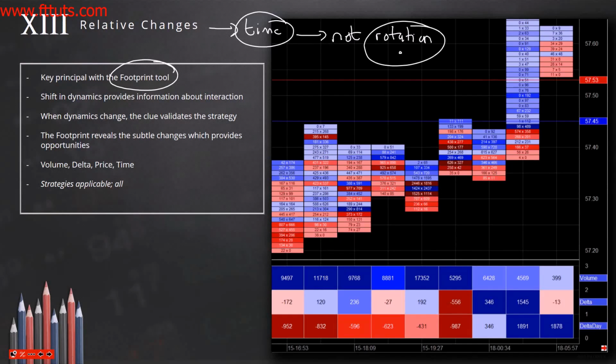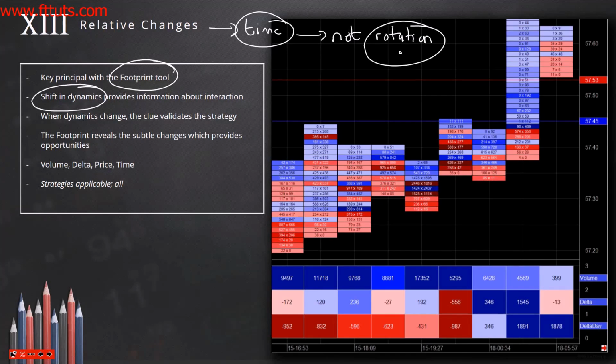What's wonderful about relative changes is that a relative change is nothing more than a shift in dynamics, and that shift in the dynamics provides us with a clue and a useful piece of information.